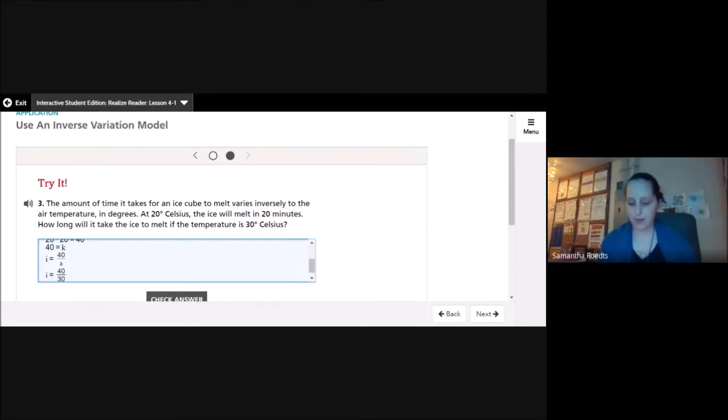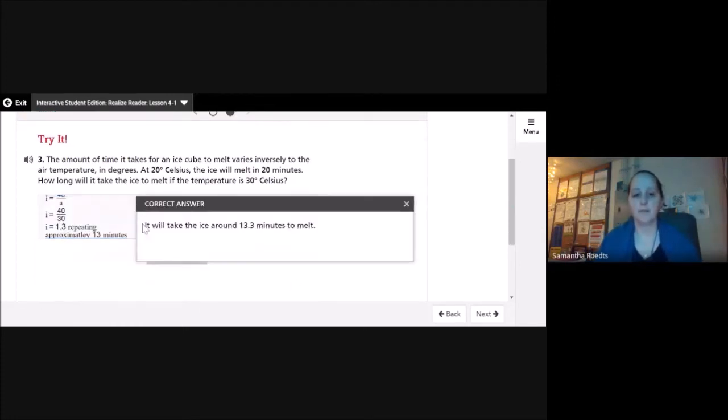So 400 divided by 30 is 13.3 repeating. So approximately 13.3 minutes.